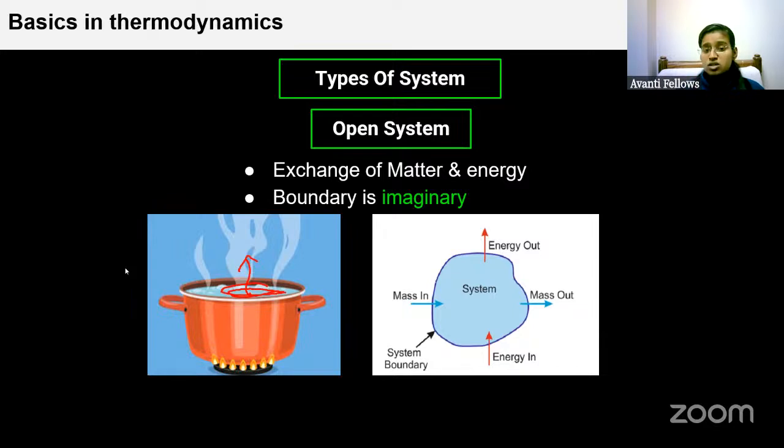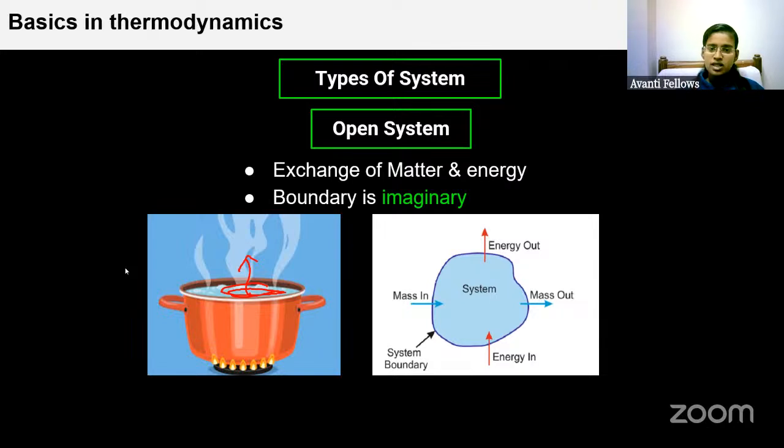The energy is also getting exchanged, as heat energy goes from hot to the colder region. So exchange of both matter and energy takes place, and the boundary is imaginary. If these are the cases, then the system is called an open system.